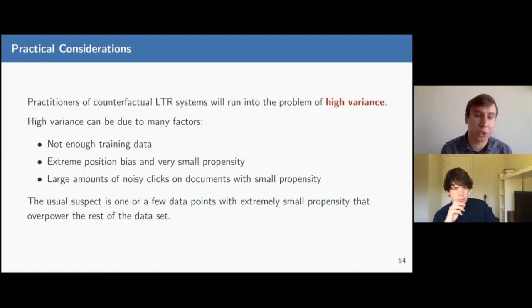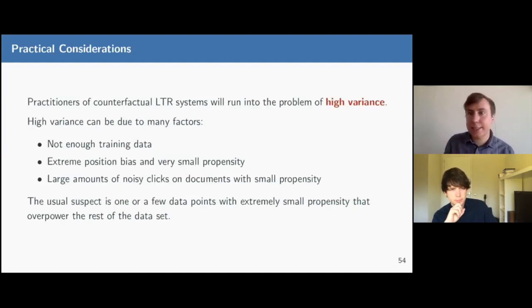Or you could have a large amount of possibly noisy clicks on documents with very small propensity, just due to variance. And the usual suspects in high variance problems is one or a few data points that have such an extremely small propensity score that they overpower the rest of the data set.